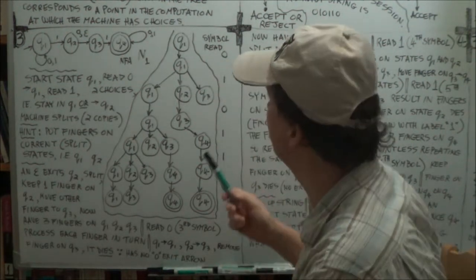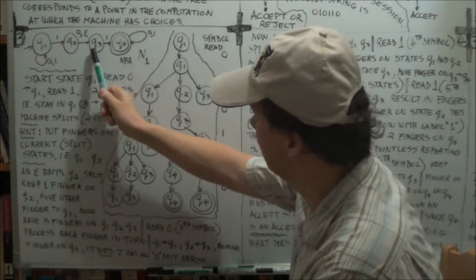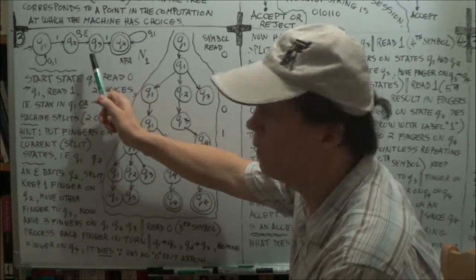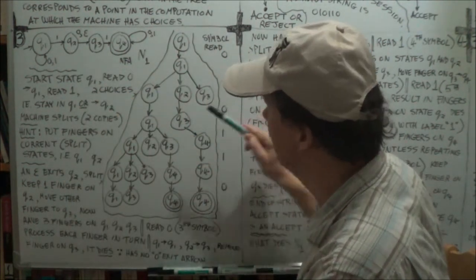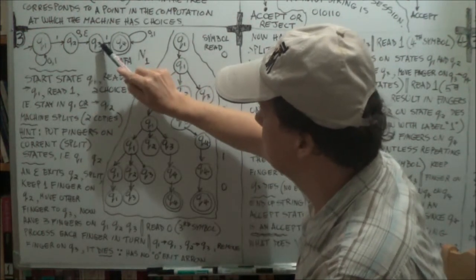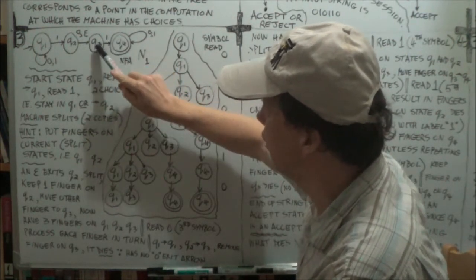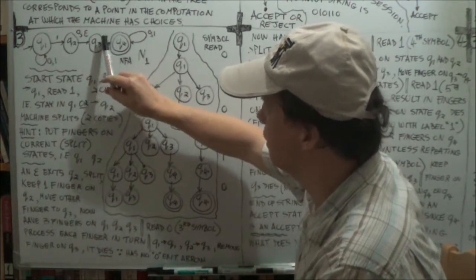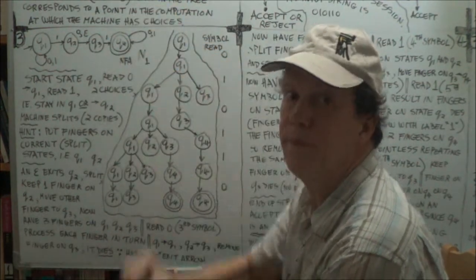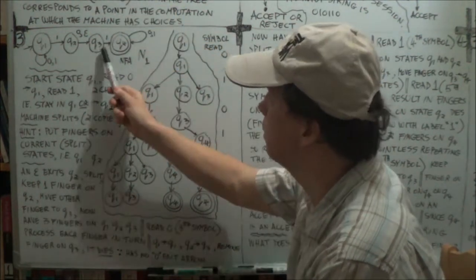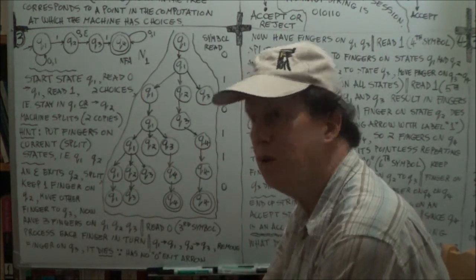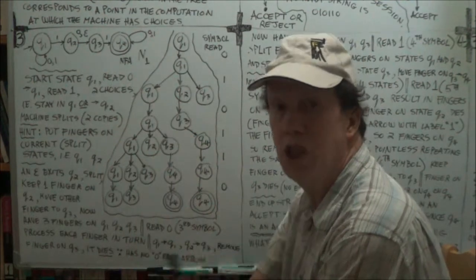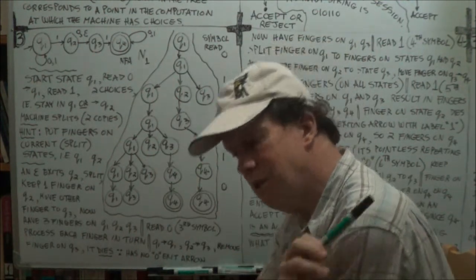Why did it die? Well, now this one's fingered or pinned. In this state the input symbol is 0, and the only transition from this state is labeled 1. There's no label of 0. When that happens, the machine in that state dies.